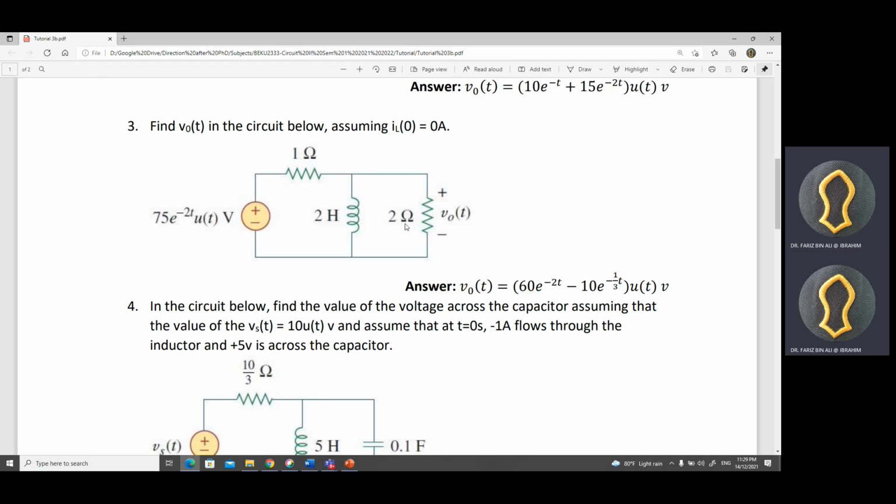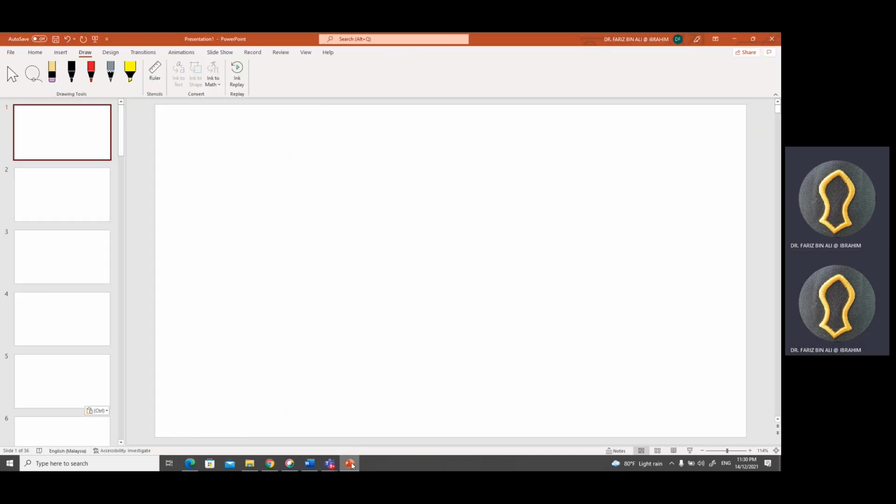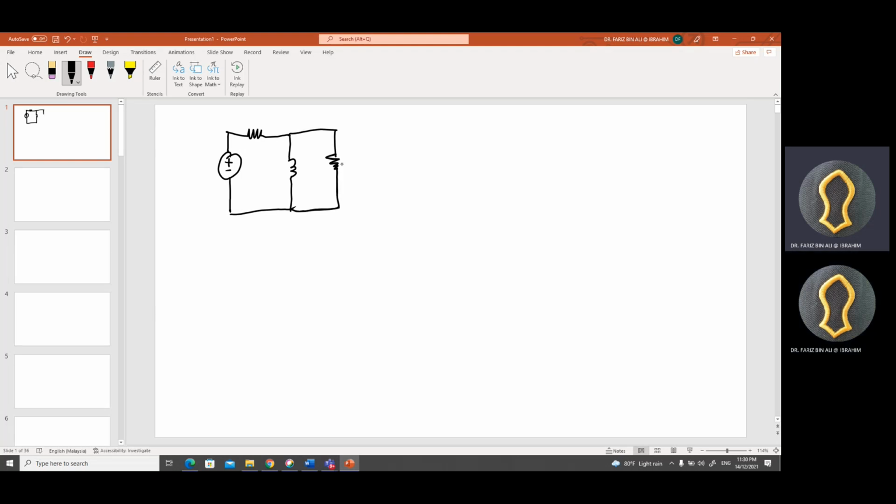Convert everything. All the components here must be converted to S domain. First of all, you have to draw the circuit in S domain. I have the voltage source here, and then I have 1 ohm, and then 1 inductor, and then the 2 ohm.